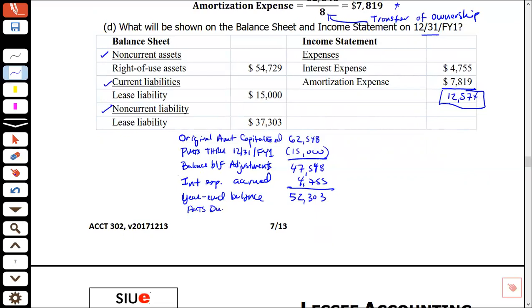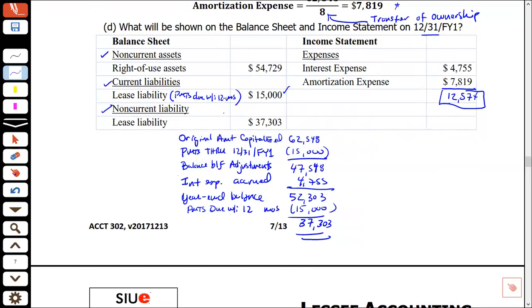Payments due within 12 months, 15,000. Well, there you have it. It's a miracle. That's where it comes from. So your current liability is the amount due within the year. Payments due within 12 months.